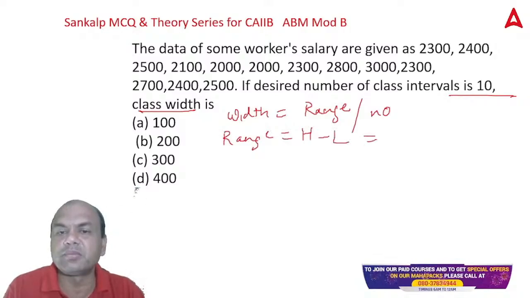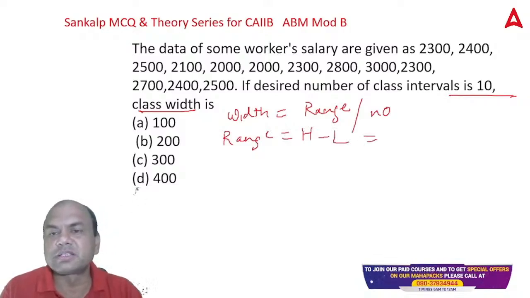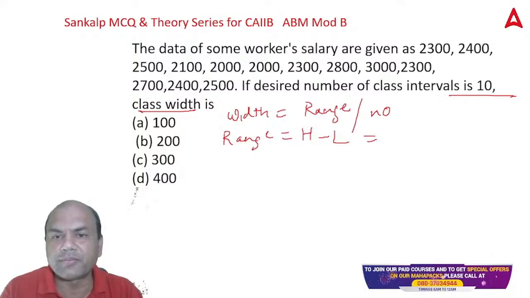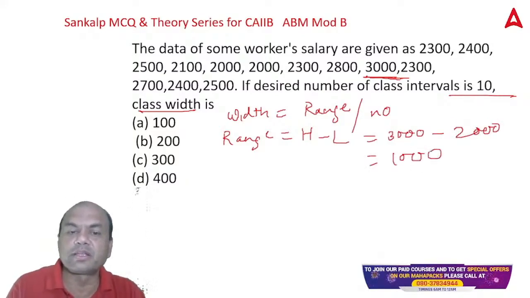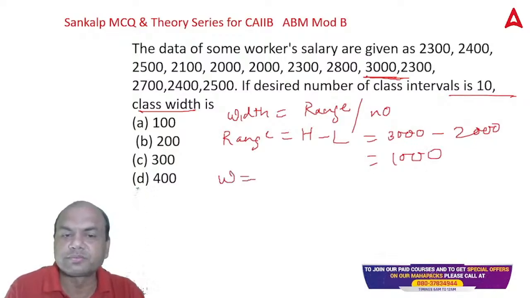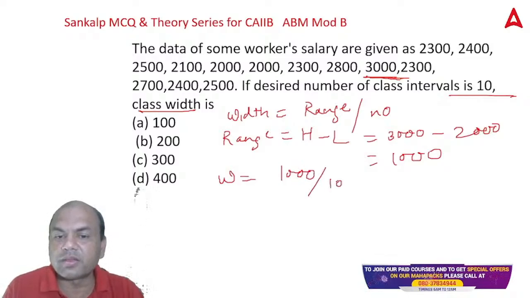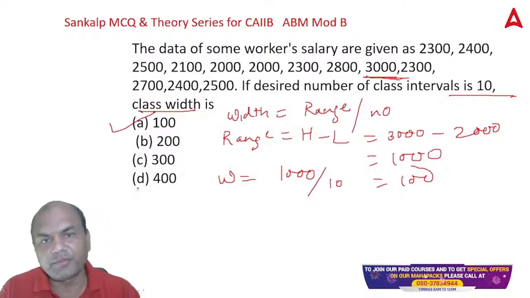This 3000. Which is the lowest? 2000. So the range is 1000. Width equals 1000 upon the number, which is 10. So my class width will be 100. This is my answer.